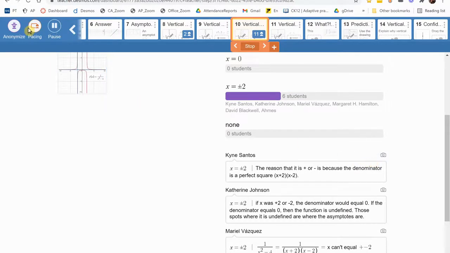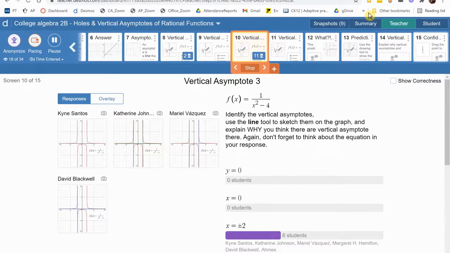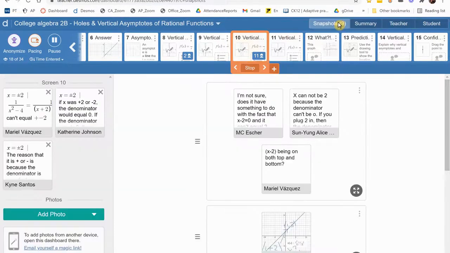I grabbed a couple of snapshots, and I apologize if when I put these up you realize it's yours and it wasn't quite done yet, and that's why I'm pointing out some things that are missing. But in the interest of time, I want to make sure that we have a chance to look at these.